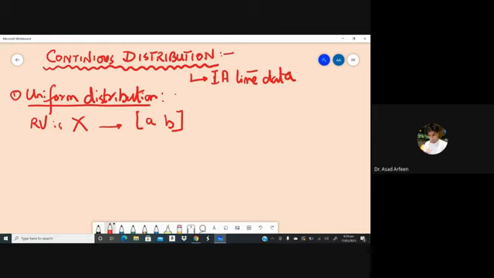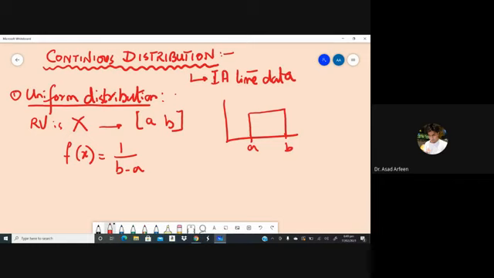If we plot the probability function, with a here and b here, all of the probabilities are equally likely. That's why we call it rectangular or uniform distribution. Its probability density function is very simple. It equals 1 upon the difference b minus a, and this is the probability of lying between a and b.